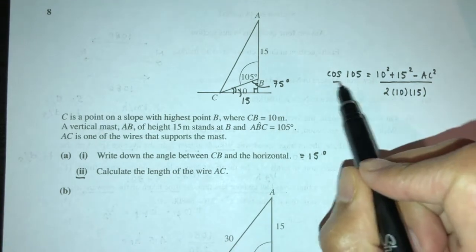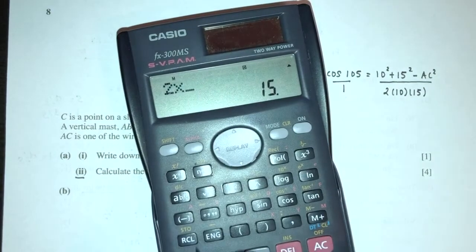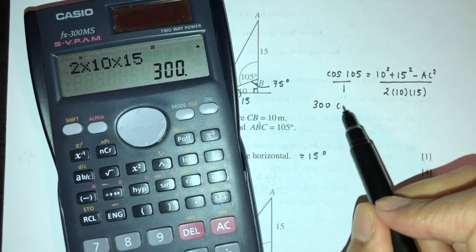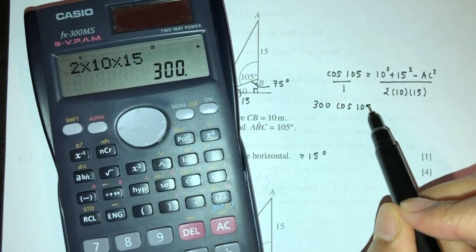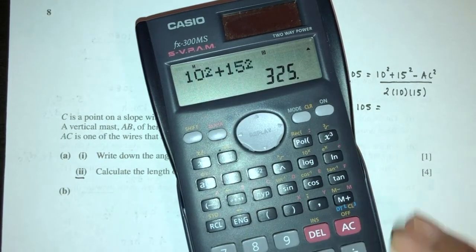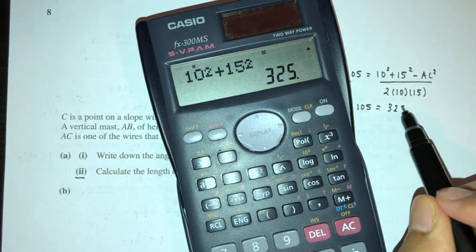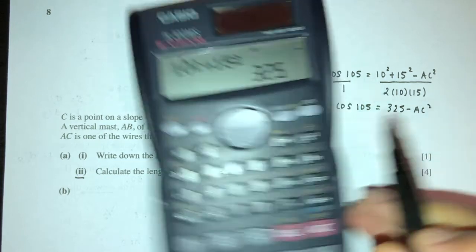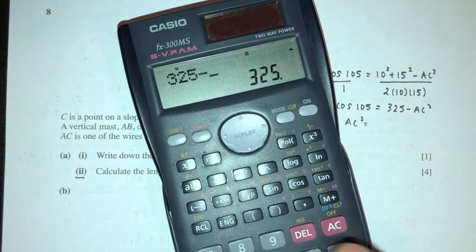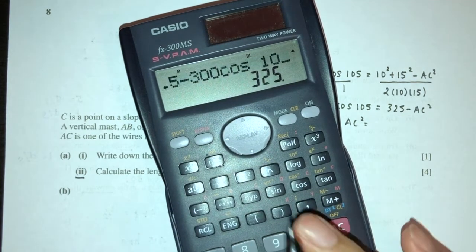So we have to cross multiply. So 2 times 10 times 15, that will be 300 cos of 105 is equal to 10 square plus 15 square, that will be 325 minus AC square. So AC square will be 325 minus 300 cos of 105.